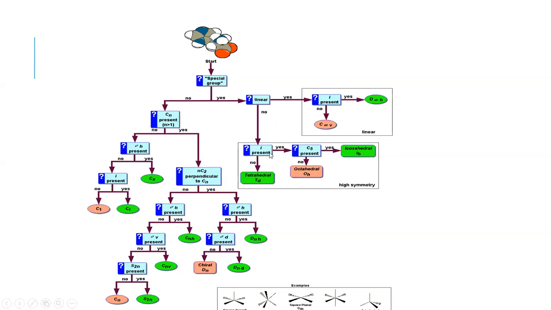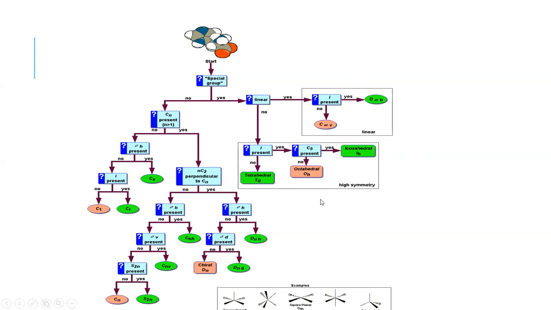If there is a center of inversion and if there is a C5 axis present, then the symmetry should be icosahedral. And if there is no C5 but a center of inversion, then the point group should be octahedral. Hope everyone is clear with this part.